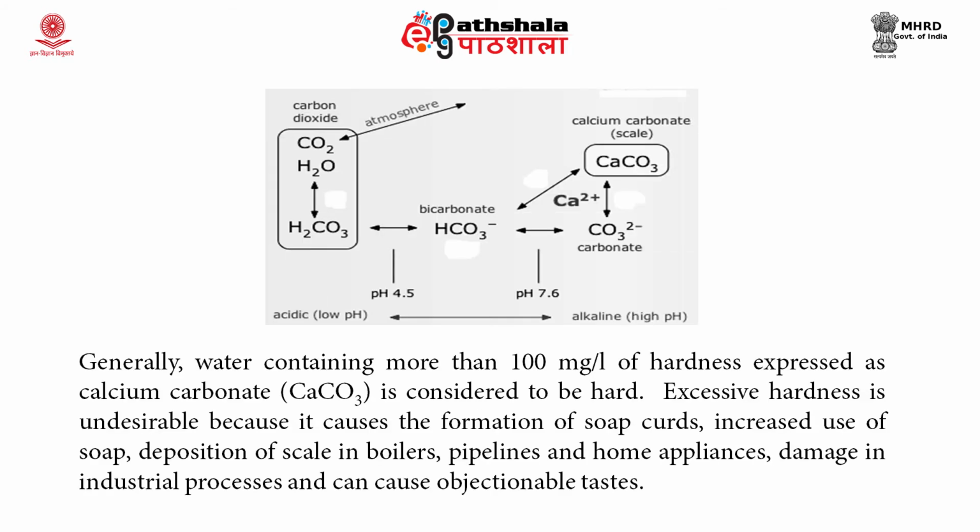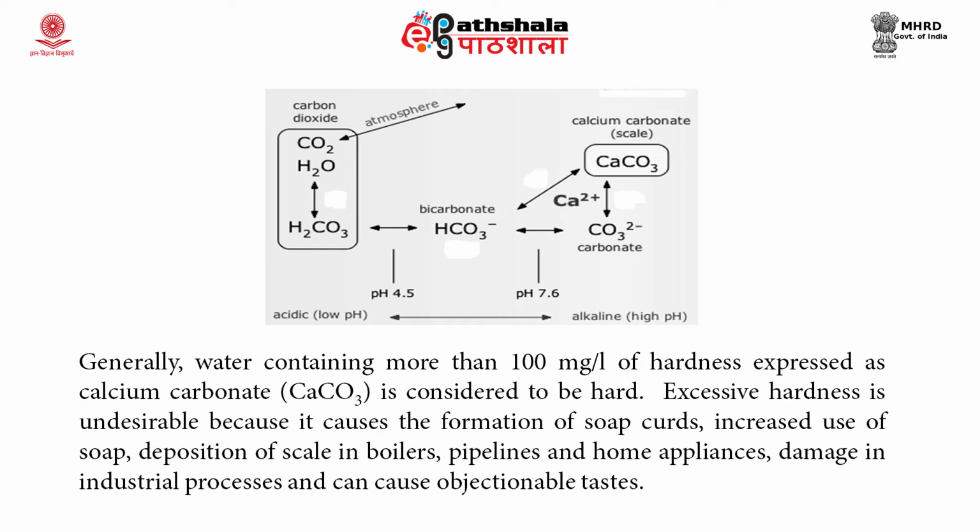Now, you can see in this slide that carbon dioxide which is present in the atmosphere reacts with the water to form the carbonic acid, and this carbonic acid dissociates to form the bicarbonate ions, and these bicarbonate ions are in equilibrium with the carbonate ions.